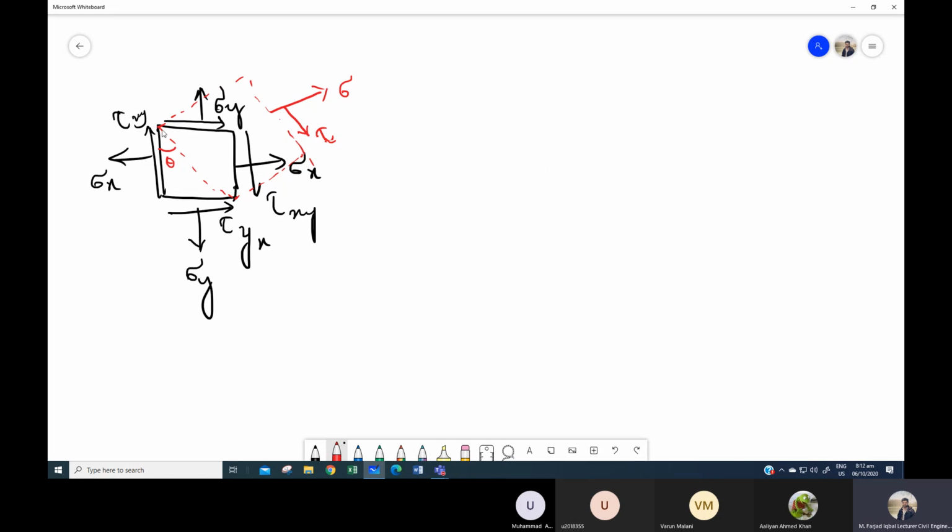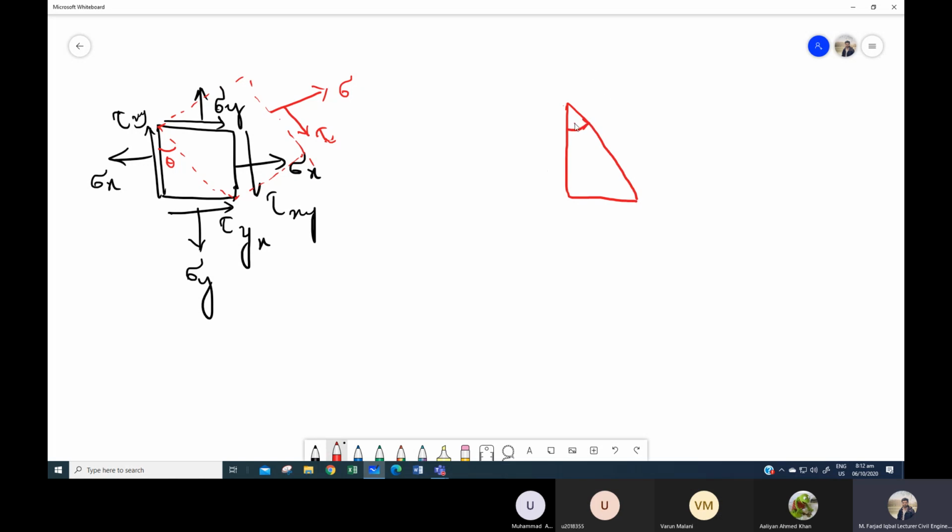So if I draw this small triangle again over here, and I suggest you keep making notes with me, because some things are complicated and you can understand only if you have your own notes.